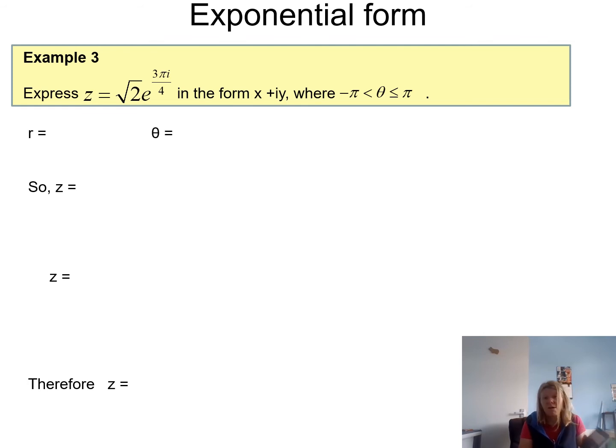You just enter it in, it gives you the answer on your calculator straight away, so not much point in it. But never mind, if you didn't have a calculator, just quickly, I would do it. That's root 2, that's that over that. So I write it in polar form.